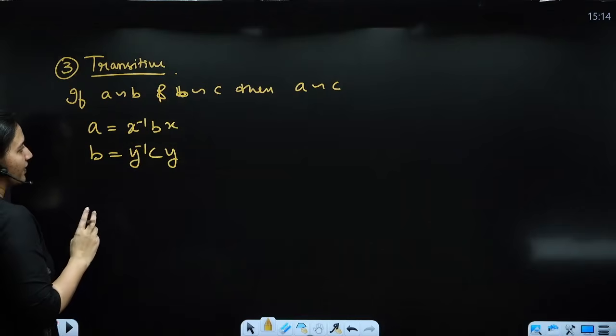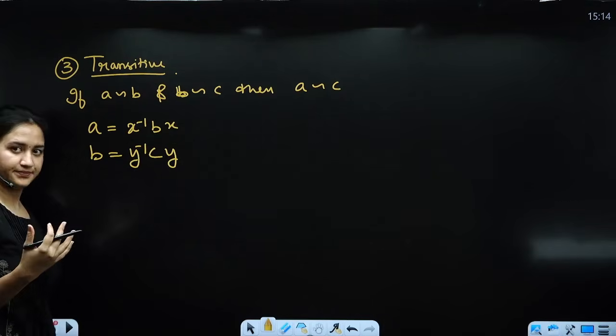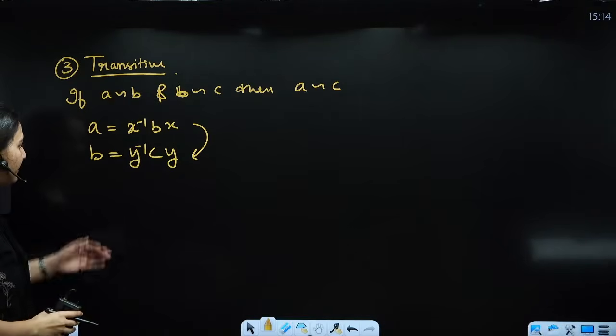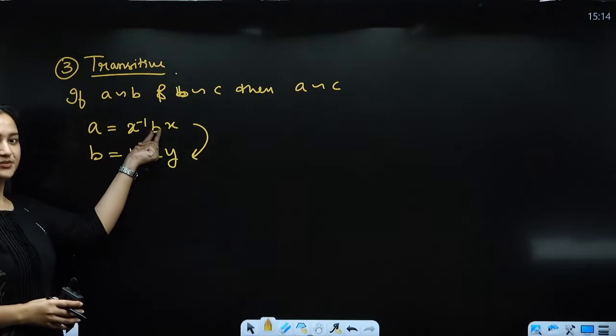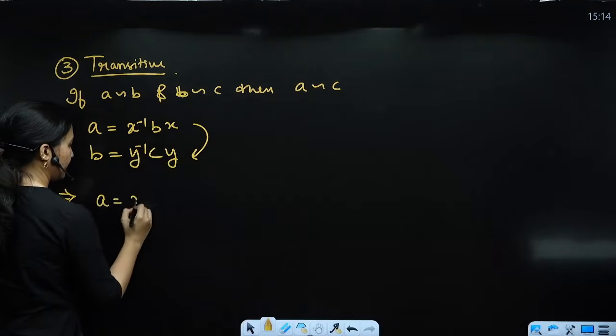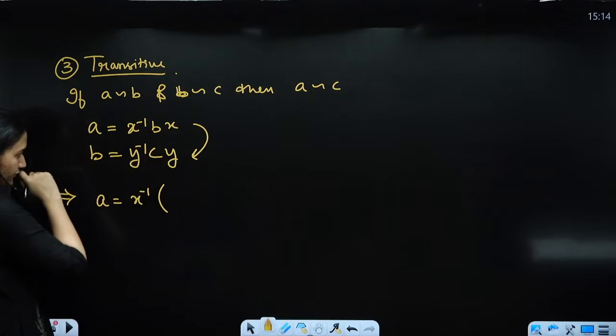Now, okay, so I want to eliminate b from here, right? The idea is to eliminate b from here. So can I take the value of b from here and substitute it here? So this implies that a equals to x inverse, what is the value of b?